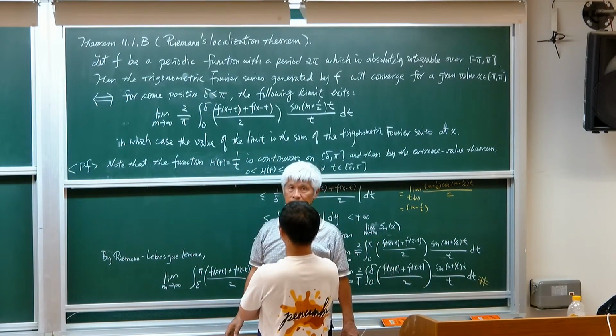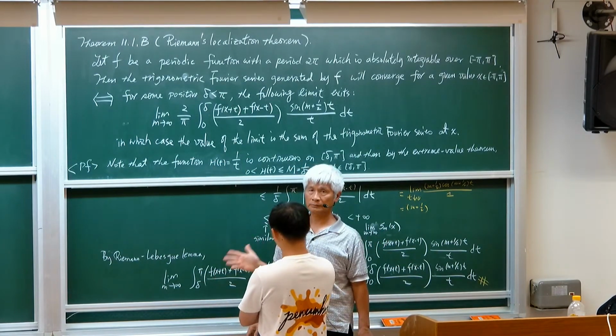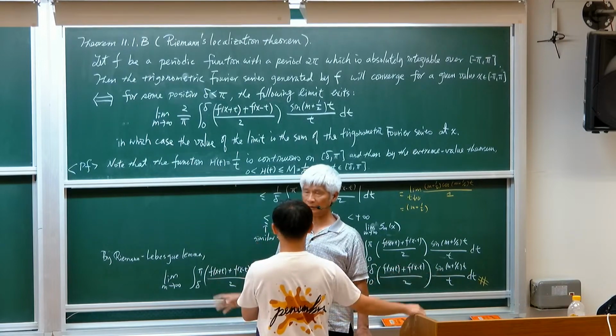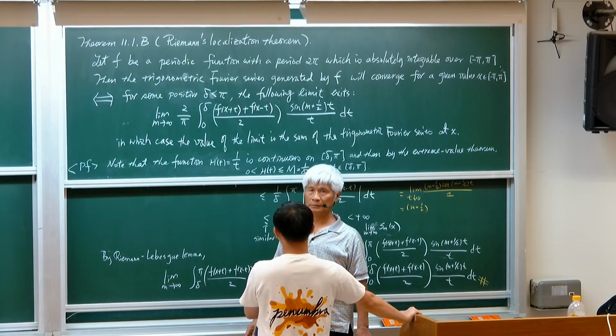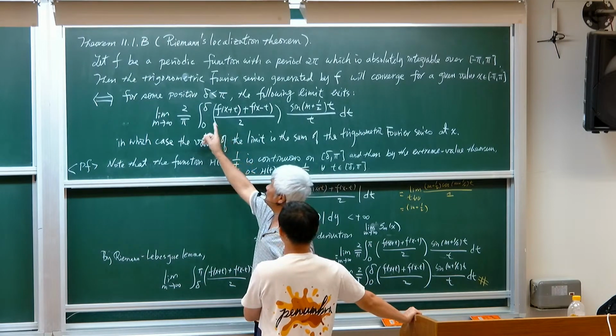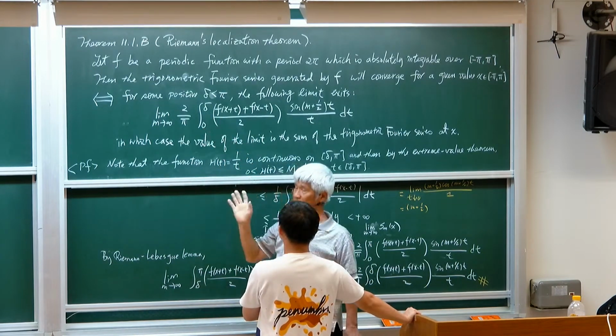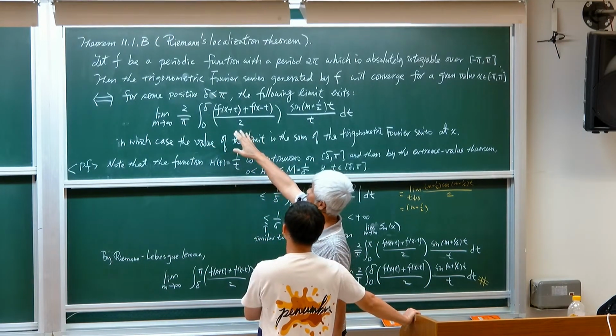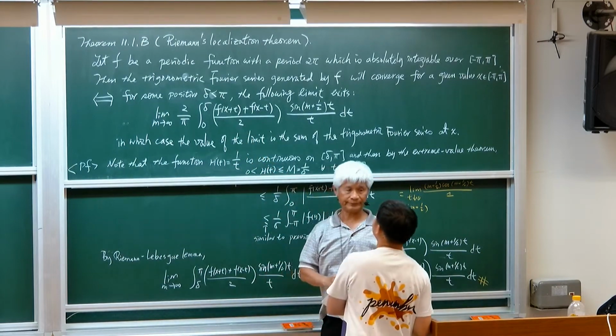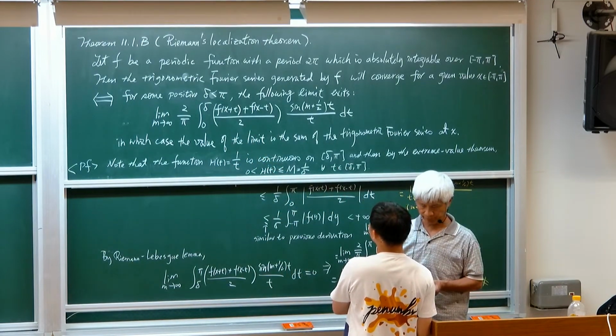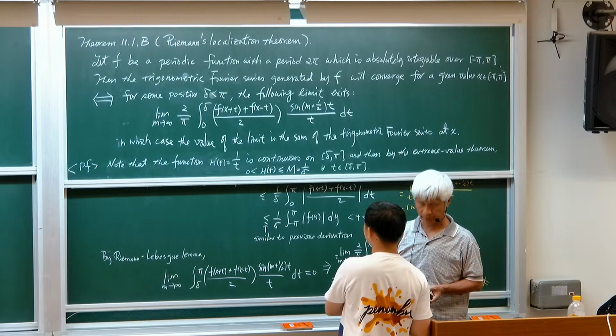Delta can be anything between 0 and pi. But if you need a small enough delta, then you need the limit of it.